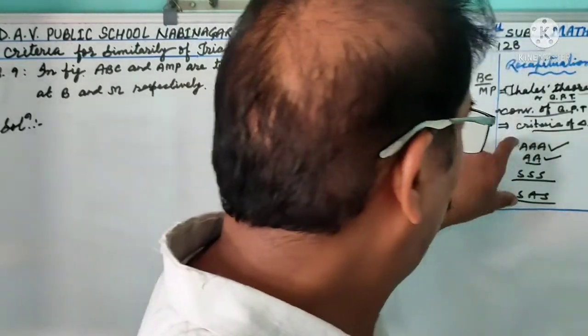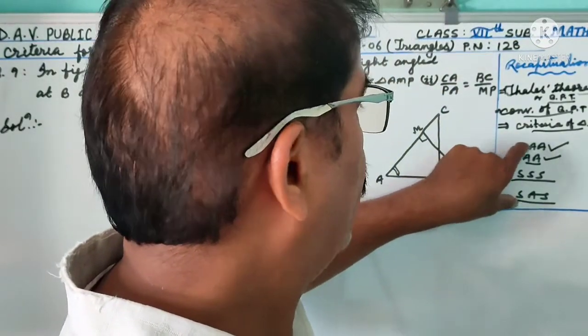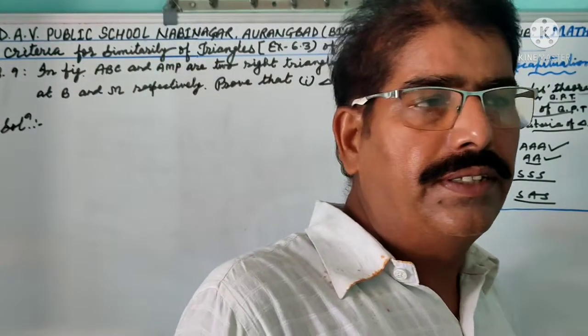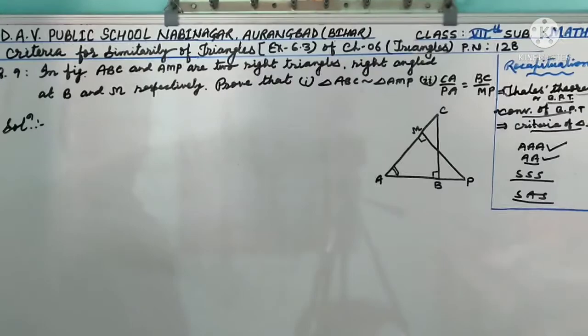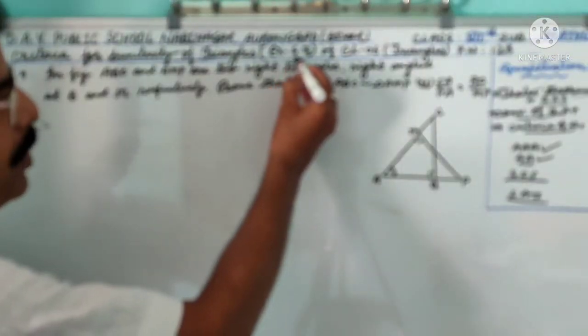Mainly 4 criteria of similarity of triangles. So dear students, now I am going to start question number 9 of exercise 6.3.